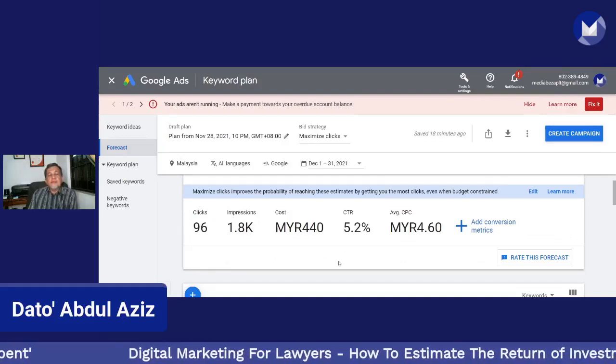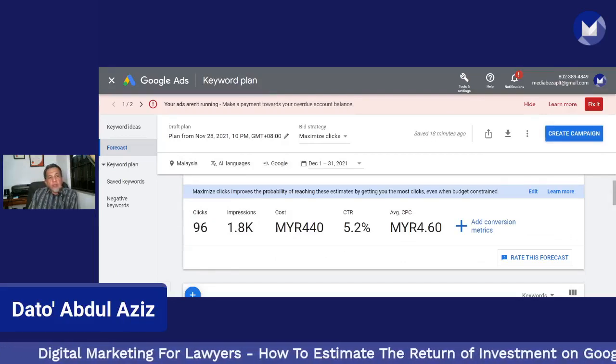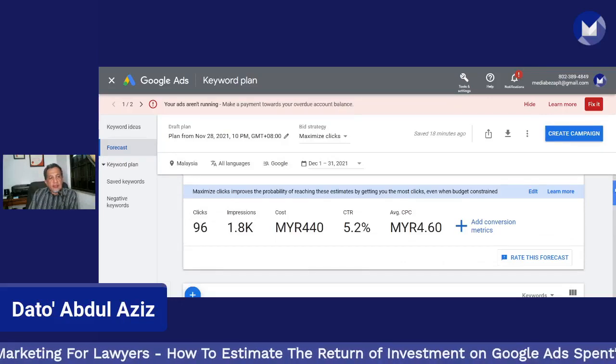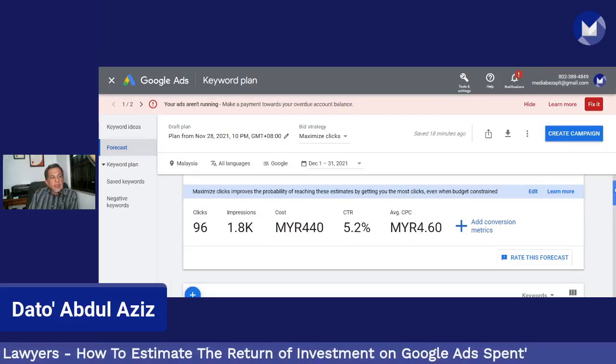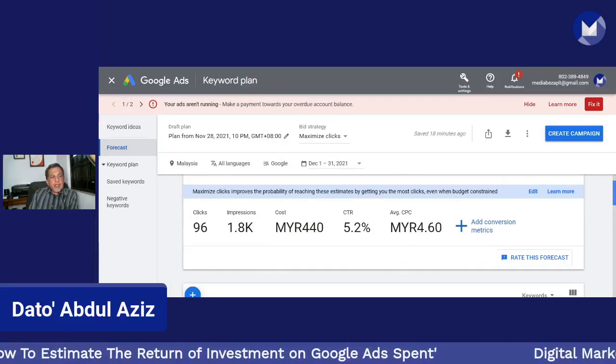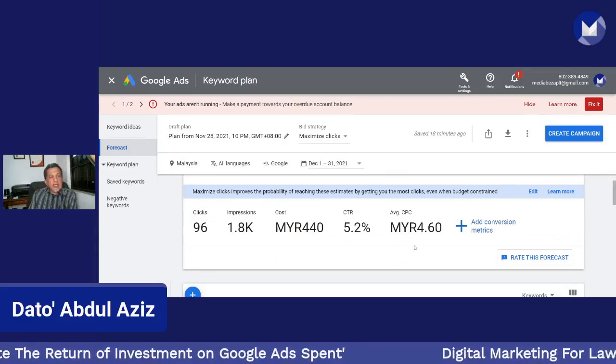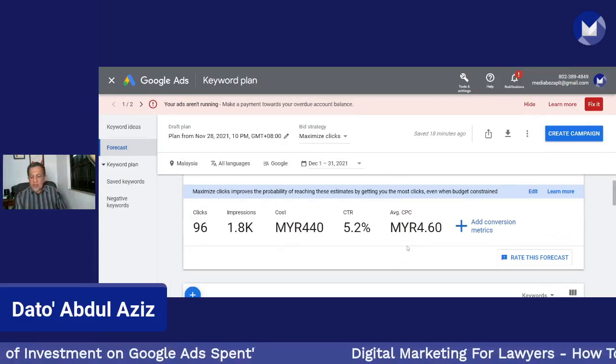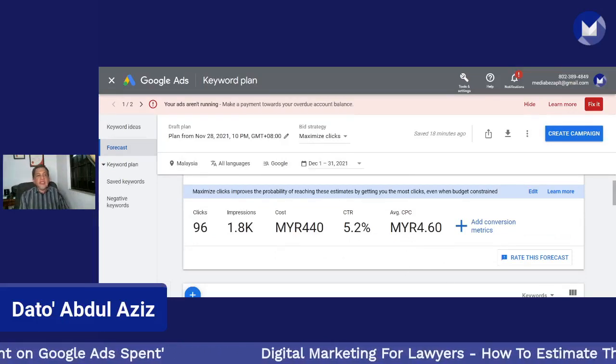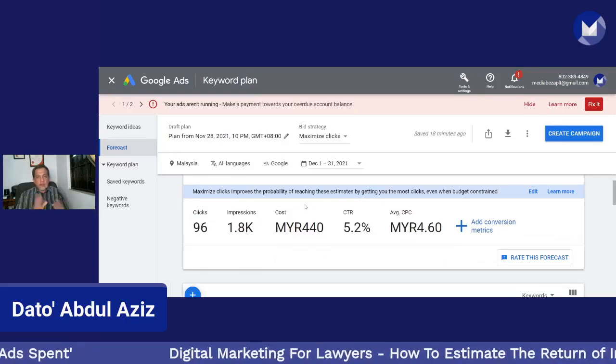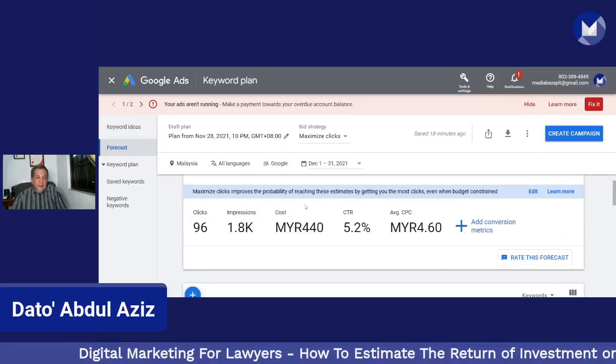If we do our math here, if we spend 1,000 ringgit, we are going to get an estimate of around 217 clicks to our target destination.